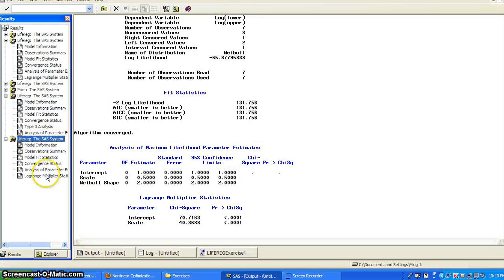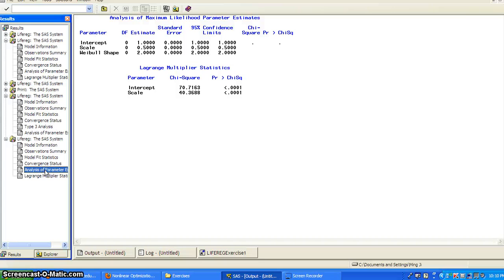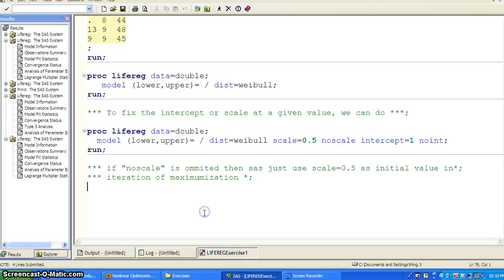So now you have this newly fitted distribution. As you can see, the intercept is 1 and the scale is 0.5. Alright, so this is really a quick demonstration of how to use LIFEREG to fit survival or lifetime distributions.